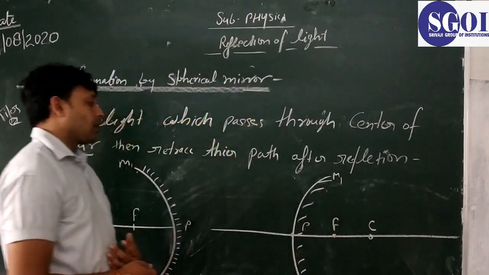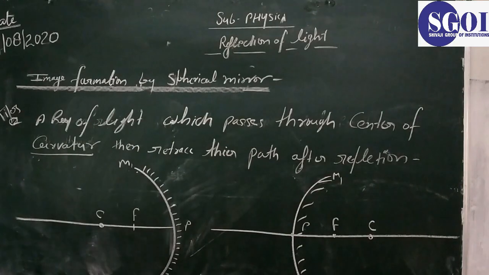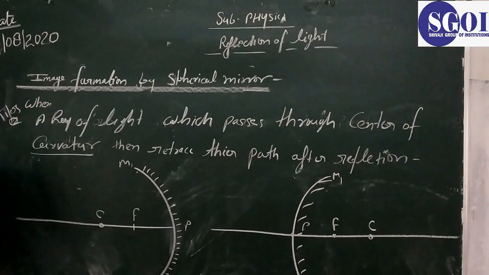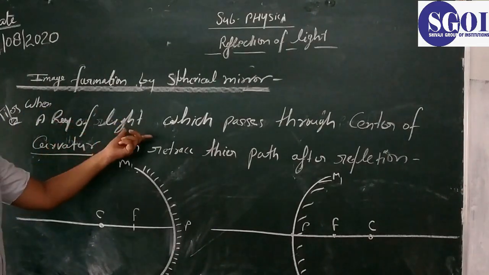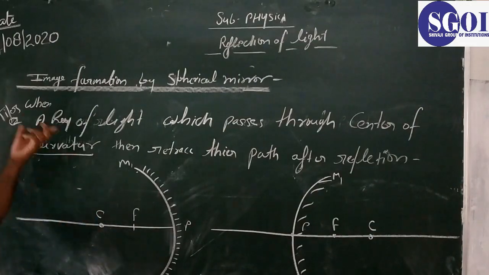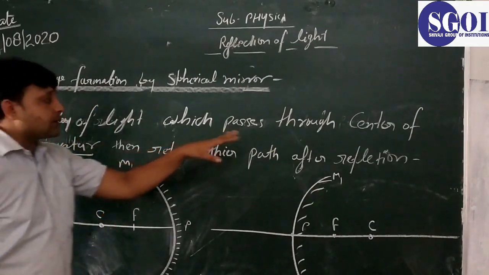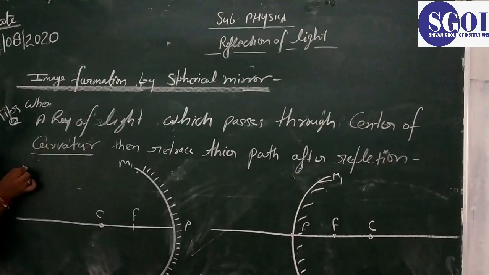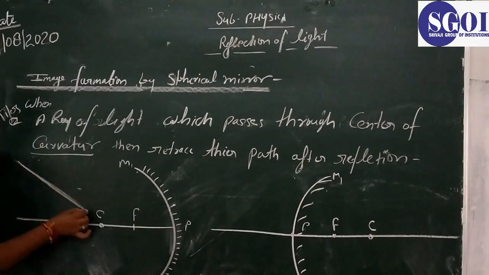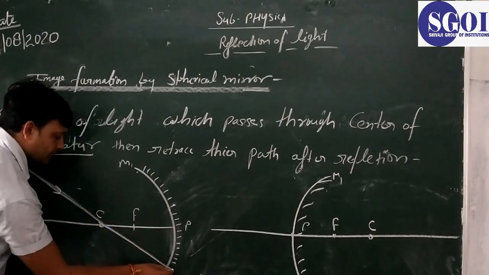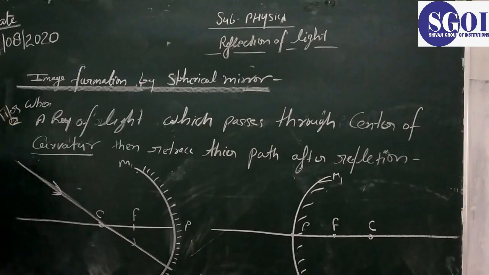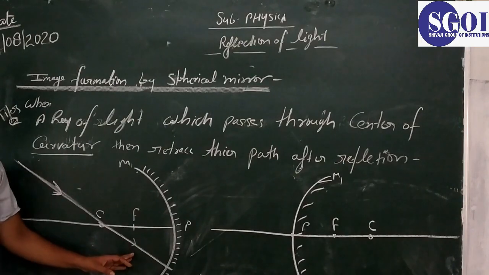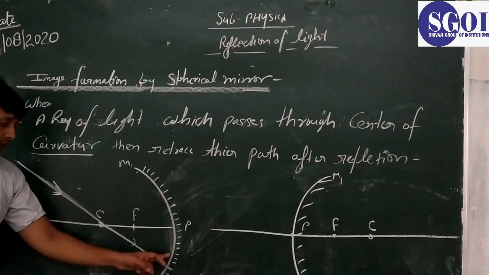Now, when a ray of light passes through the center of curvature, after passing through the center of curvature, the light ray is incident on the reflecting surface of the mirror.